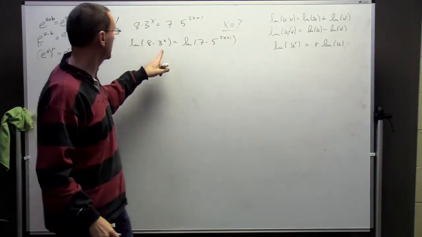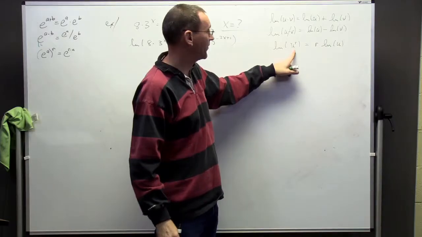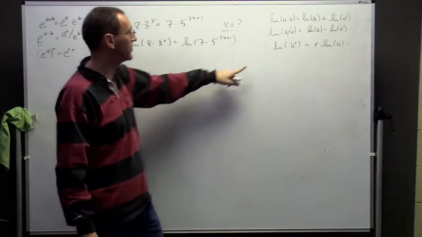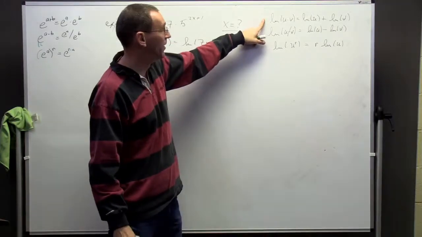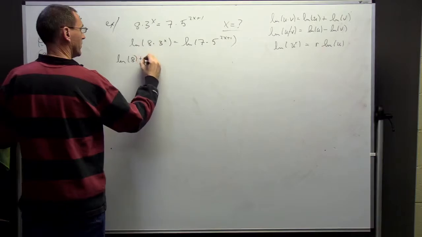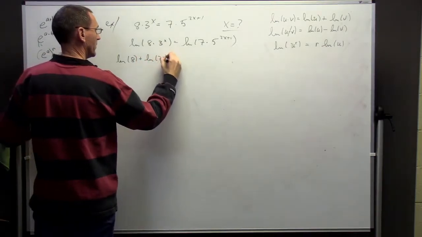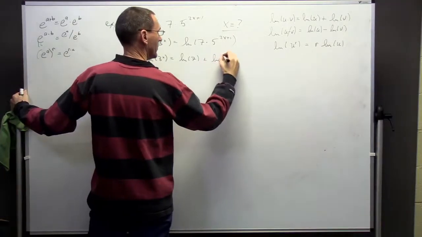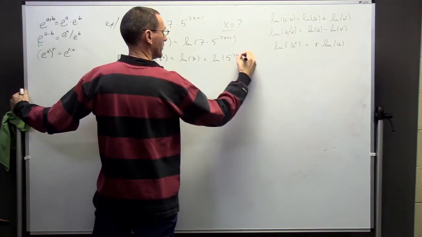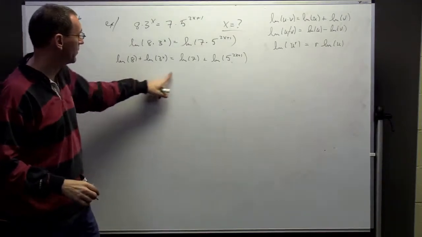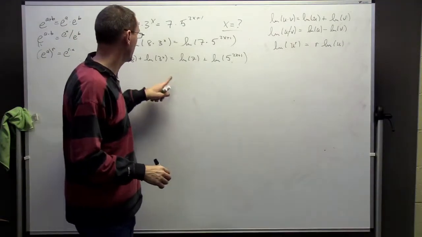So notice this does not look like log of something raised to a power because I'm multiplying in there. So I can't use this, but because I'm multiplying, I can use that property. So I can do that. Now, so that's just some number, that's just some number. Life is good.